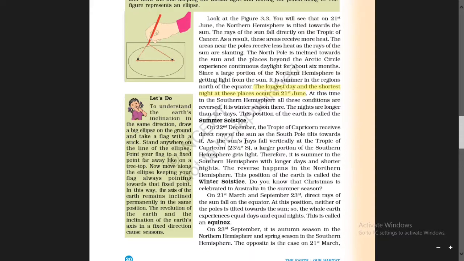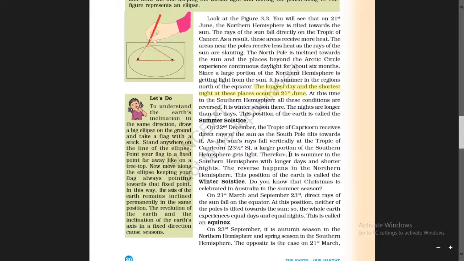As the sun's rays fall vertically at the Tropic of Capricorn, that is 23.5 degrees south, a larger portion of the southern hemisphere gets light.